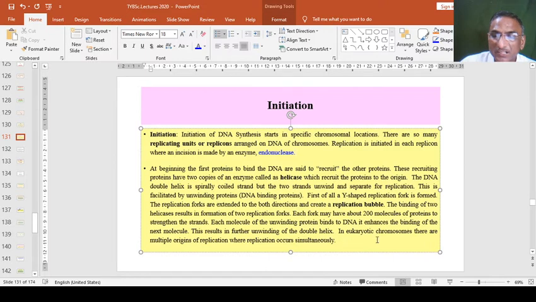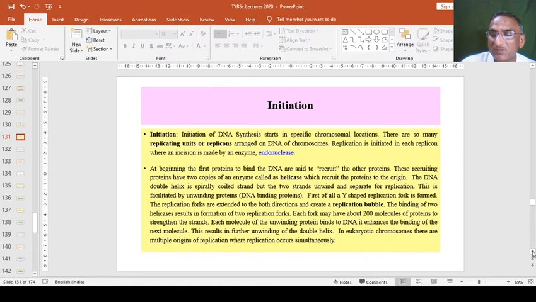In eukaryotic chromosomes, there are multiple origins of replication where replication occurs simultaneously, even though it starts at the multiple origins. So in this way, the replication forms two forks or two strands from a single strand.